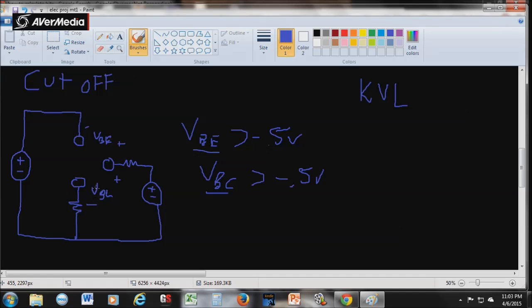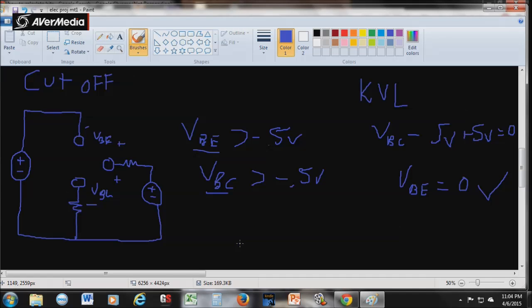Since this is an open circuit, when we're doing our KVL, we know that the current here is 0. So VBE minus 5 volts plus 5 volts equals 0, and we get that VBE equals 0. Now when we check this condition, yes, 0 is greater than negative 0.5 volts, so we good.